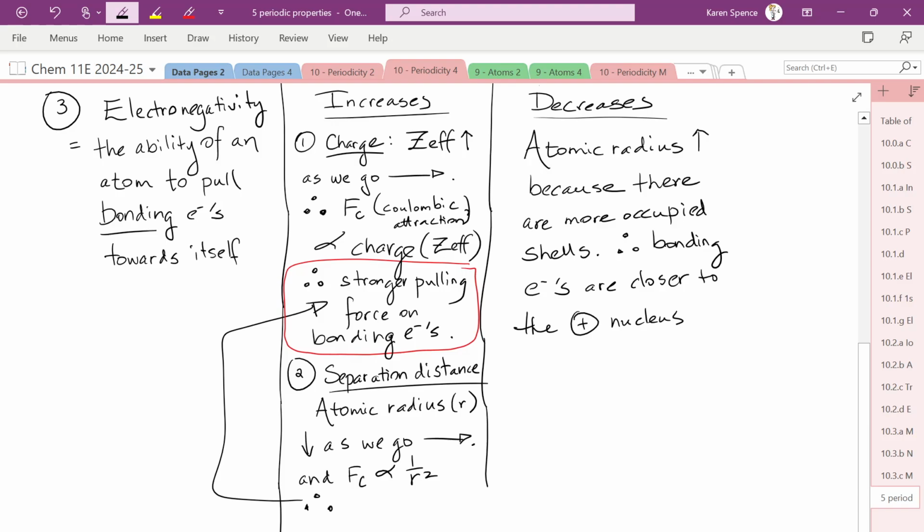And if they're closer to the positive nucleus, the Coulombic attraction is stronger, since FC is proportional to 1 over r squared. Yay!